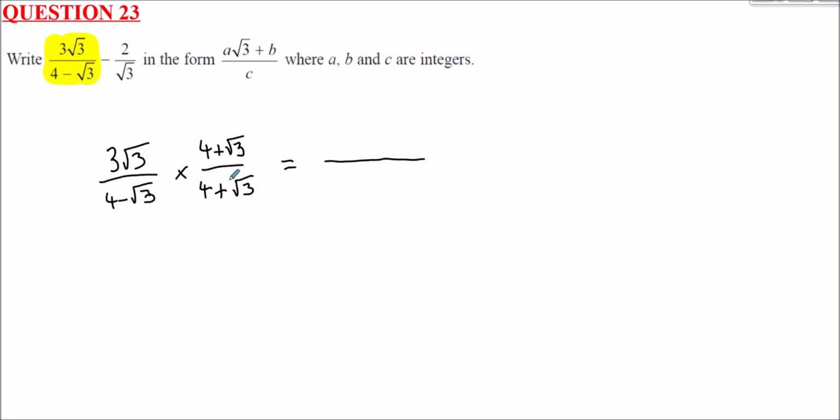This is essentially the difference of 2 squares. So I'm going to have 4 squared, which is 16, minus root 3 times root 3. Root 3 times itself gives us just 3, so that's going to be 16 minus 3 on the bottom. And on the top, we're going to have 3 root 3 multiplied by 4 plus root 3. So obviously the bottom is just going to become 13.